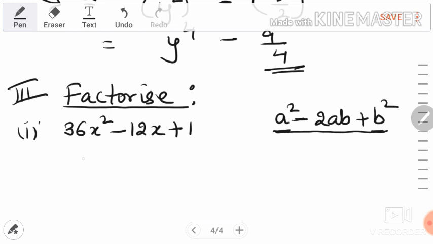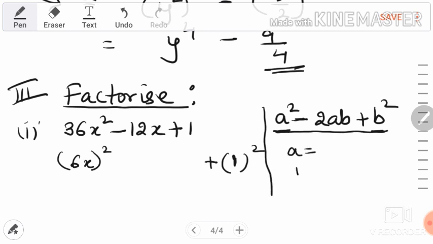So 36x square can be written as (6x) whole square and 1 can be written as 1 square. From here we can write down the values of a and b. So comparing these two, a is 6x and b is 1.